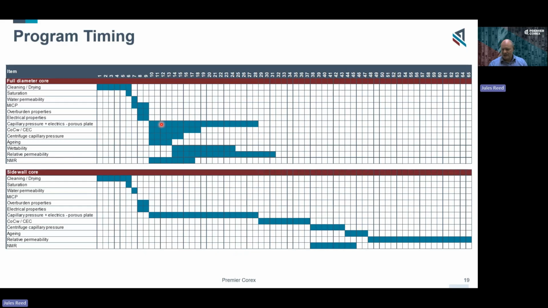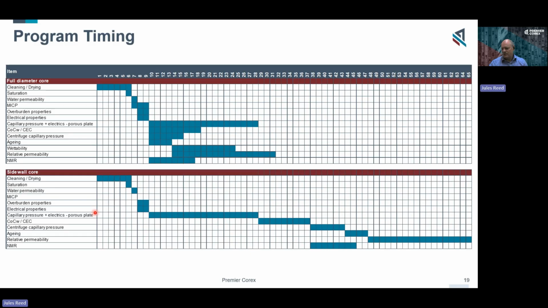So you can put 10 samples through electrical properties and capillary pressure, another 10 through cation exchange capacity or understanding clay typing, another, say, 5 through centrifuge capillary pressure, and 5 into relative permeability. And so that whole program can be anywhere between 20 to 30, maybe slightly more than 30, depending on sample numbers and equipment availability, but maybe 30 weeks.